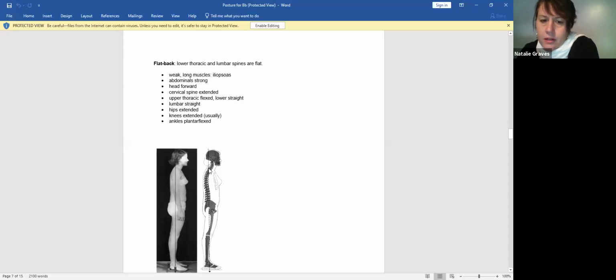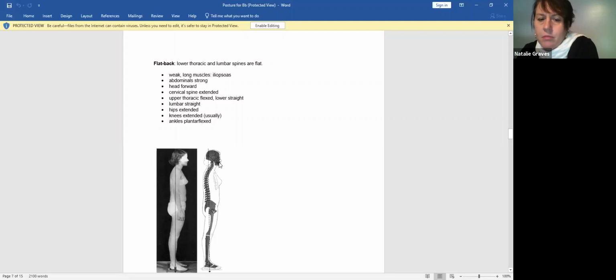Now, because there's an excessive forward head, that cervical spine is going to have a little bit too much lordosis, and it's going to look like it's extending. The upper thoracic is generally flat or a little bit flexed. The lumbar spine is straight. The hips are extended.